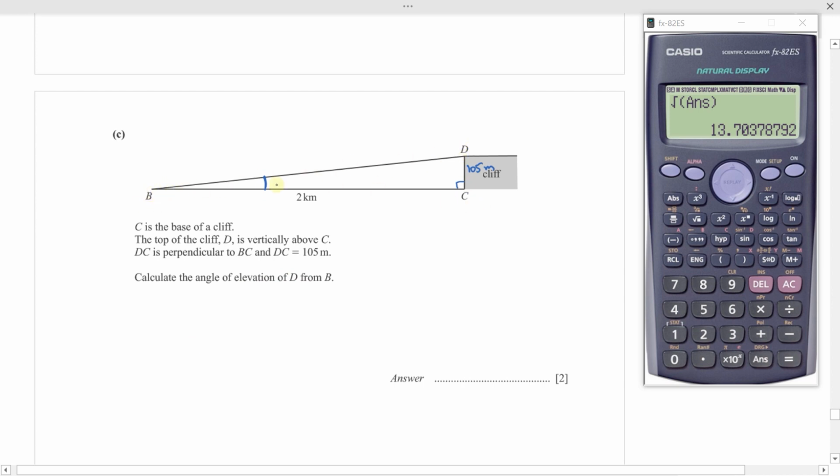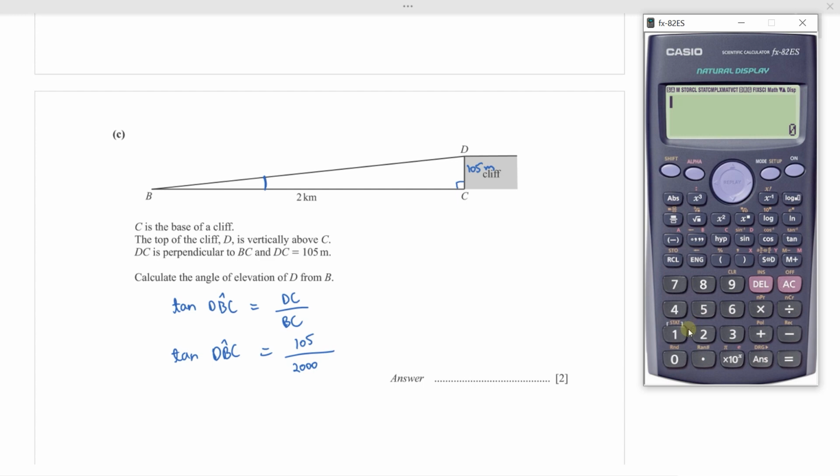Now this is a right angle triangle. BCD is a right angle triangle. I know the perpendicular, I know the length of the base, so I can use tan of angle DBC, which is the angle of elevation, equals DC over BC. So tan of DBC is, DC is 105 meters, BC is 2 kilometers. So I will write it in meters, which is 2000 meters.